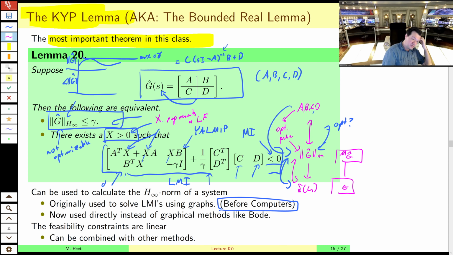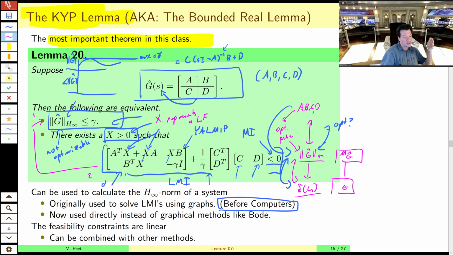Technically, we don't actually go to the transfer function. We use this in the sufficiency direction, so 2 implies 1. We use that Lyapunov function to determine the system properties.